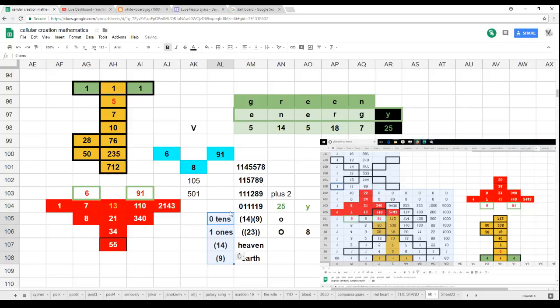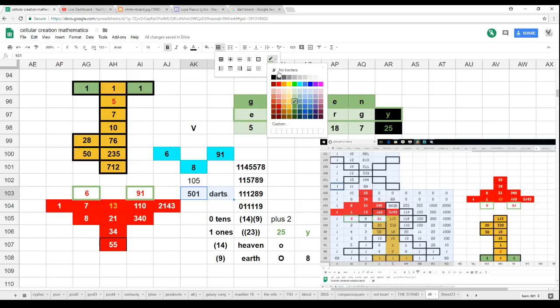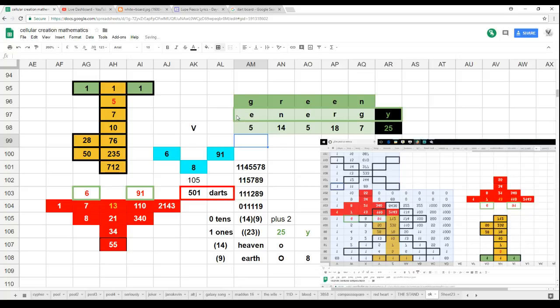Yeah, 2, because 9 is Earth. Anyways, always working. Okay, guy. 501 is darts. Bold. That's darts. Is that cool? Can we just accept what color, like red? Let's do red. That's darts? No, red's too confusing.